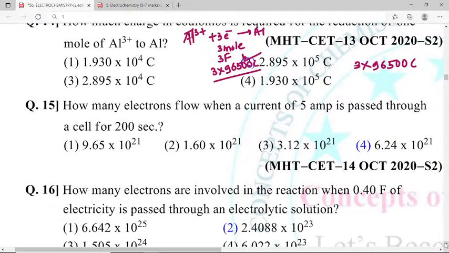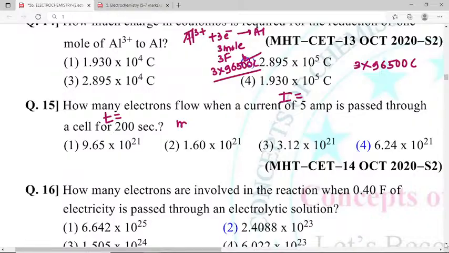How many electrons flow when a current of 5 ampere is passed for a time t equal to 200 seconds? So first we have to calculate the moles of electrons.